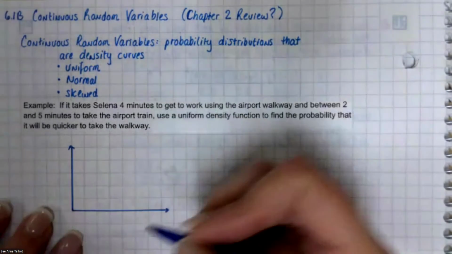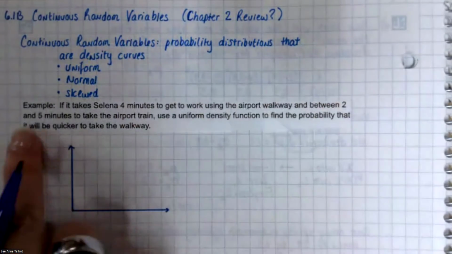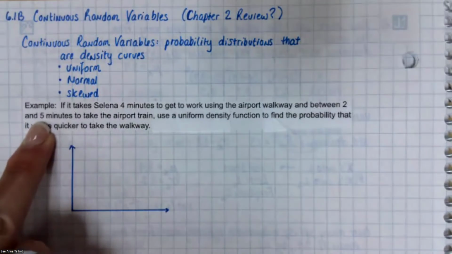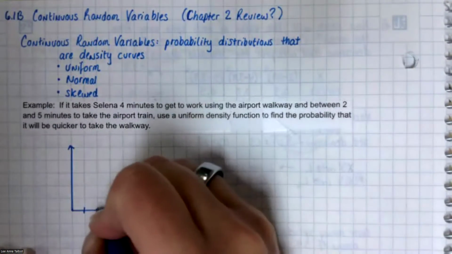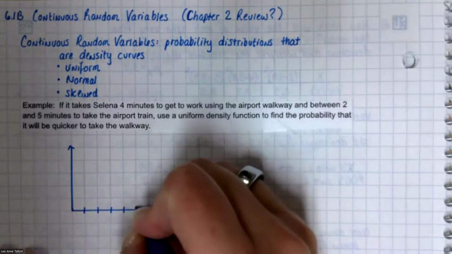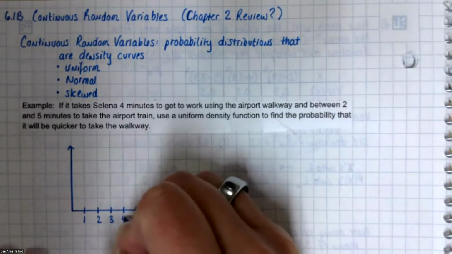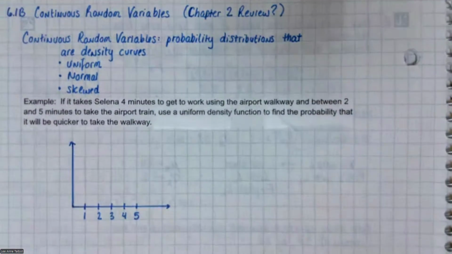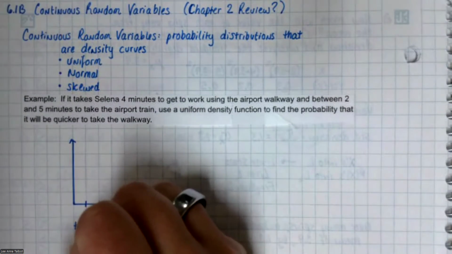So I'm going to make my axis go to 5. Do you guys see how this goes up to 5? The highest number is 5 in my problem. And the label will be time to get to work.